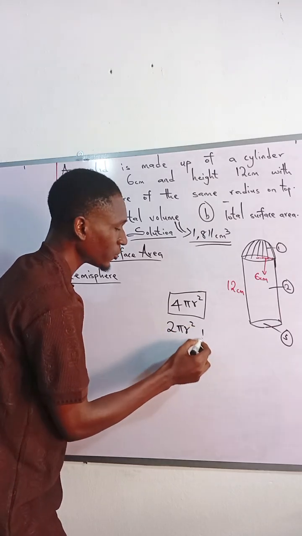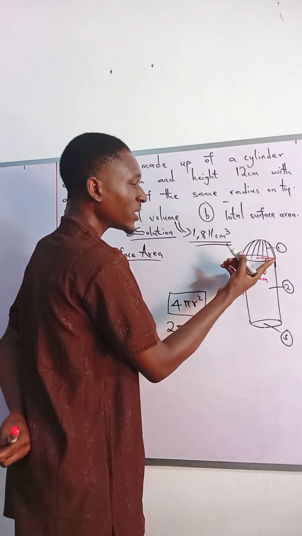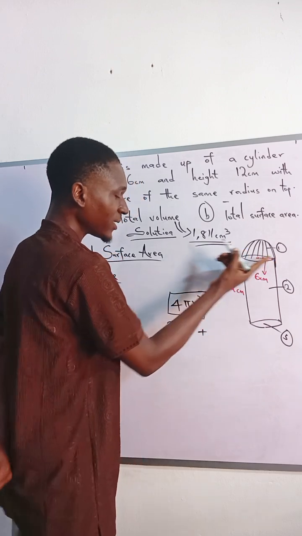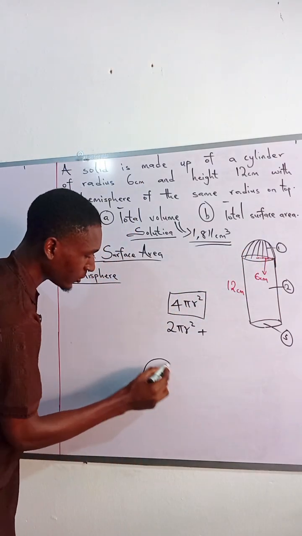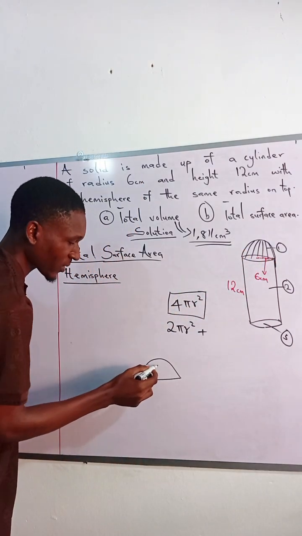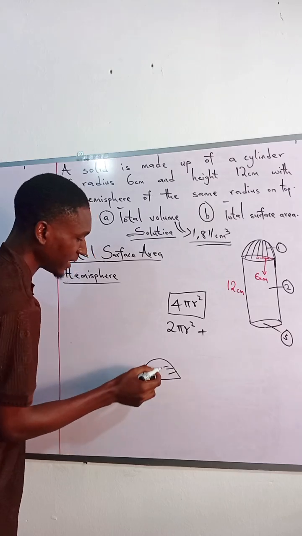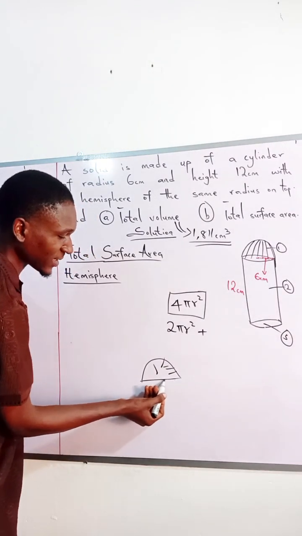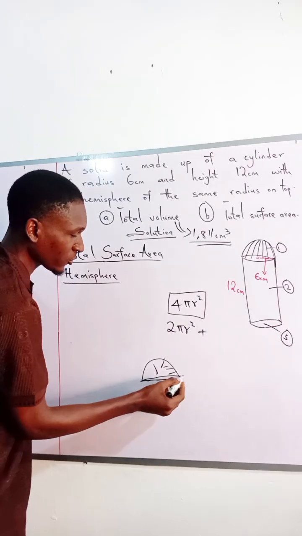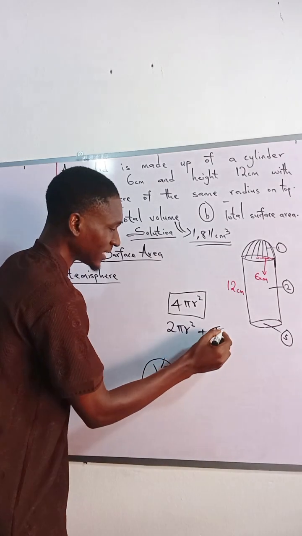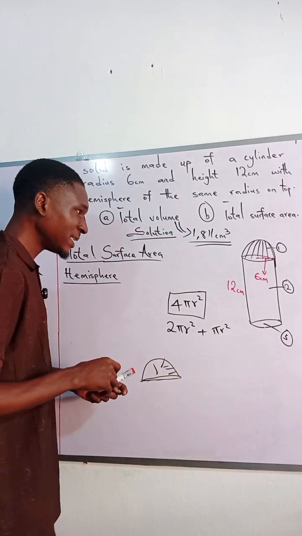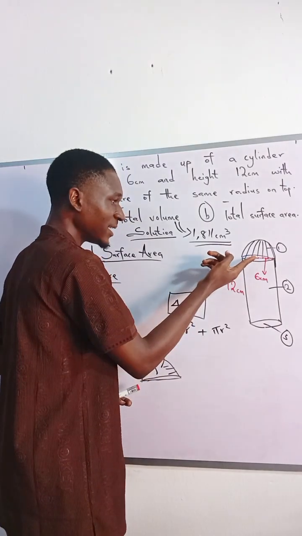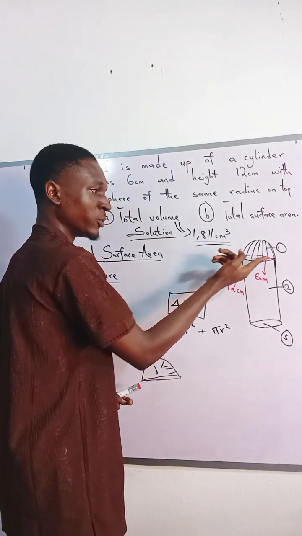And then we are supposed to add the area of the base circle. Remember, assuming we are looking for just a hemisphere, after we calculate the exposed part, the total surface area would include another circle over here. But in this case, that circle is not exposed.